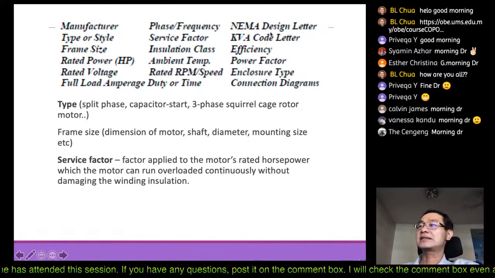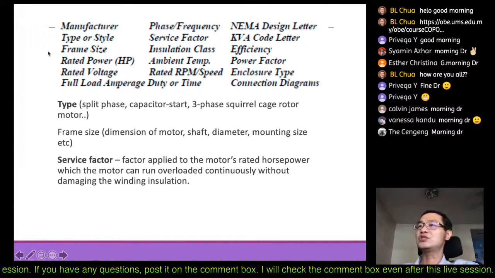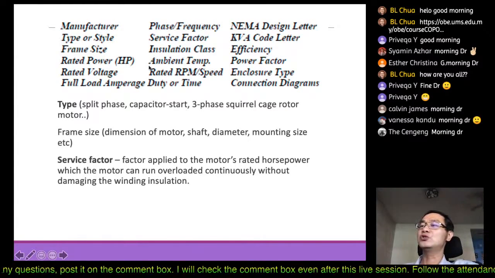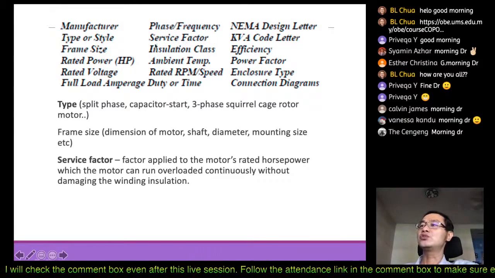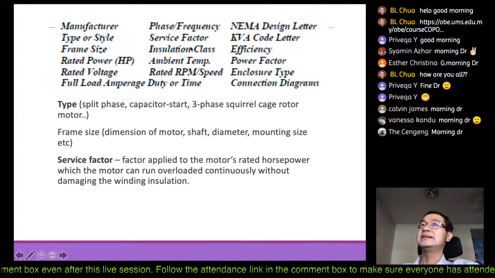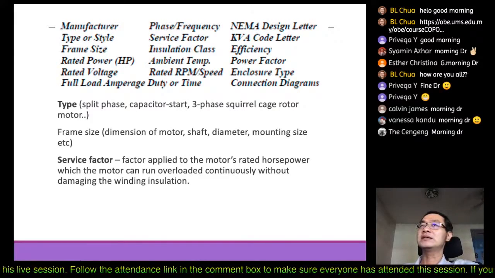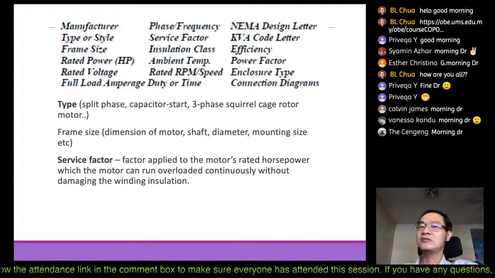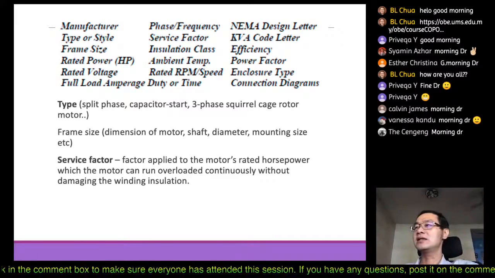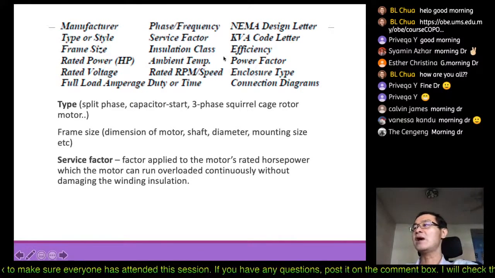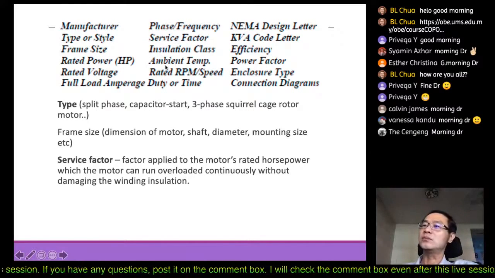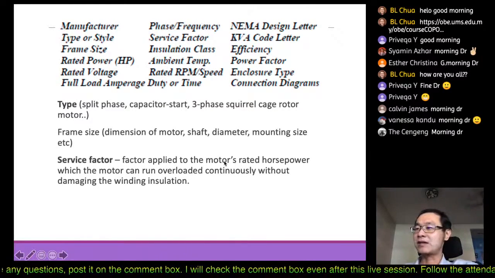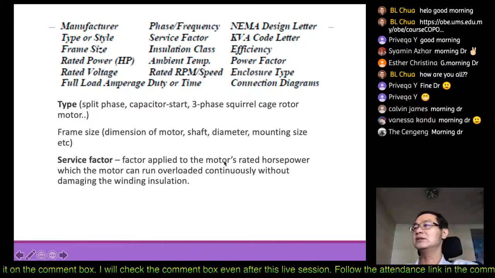So these are the considerations that you may be able to consider. The insulation class, which is related to the environment, whether it's moist, heated, a very hot environment. So this will tell you whether the motor is suitable or not with respect to the environment.